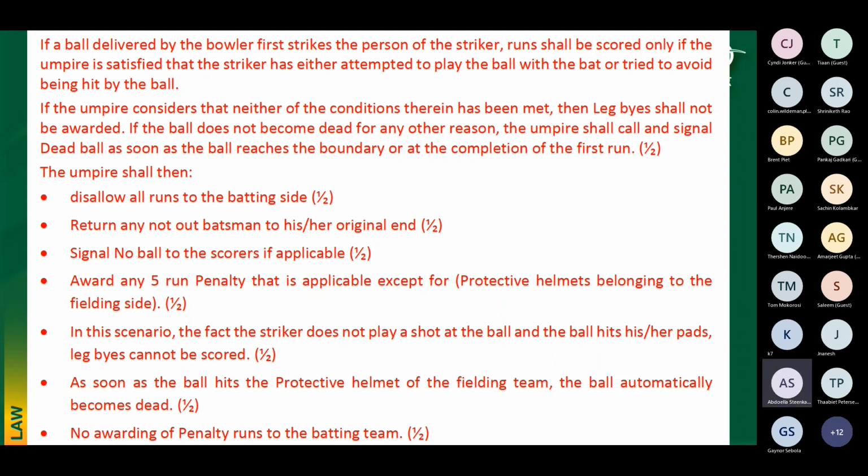The fifth bullet point says that in this scenario, because the striker didn't play a shot, we now know that leg byes cannot be scored. And the 5 penalty runs for the ball hitting the helmet behind the keeper shall also not be scored. As soon as the ball hit the helmet, the ball shall become dead, but those 5 penalty runs that would usually be incurred, because the batter didn't offer a shot, shall not be scored in this instance. And the last bullet point, no awarding of penalty runs to the batting side.